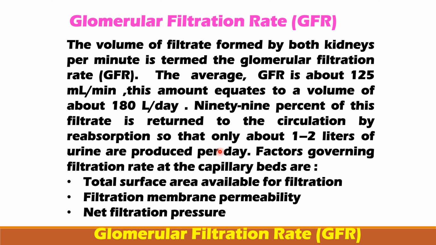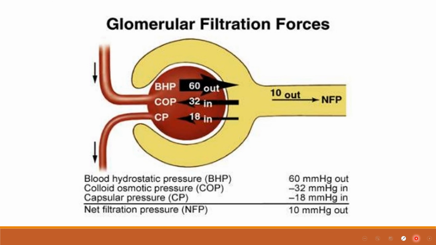The last is the net filtration pressure. As you know, the hydrostatic pressure in the glomerular capillary, as I mentioned, is 60 mm mercury, and this is sufficient to cause a tremendous amount of plasma fluid to be filtered into the glomeruli.